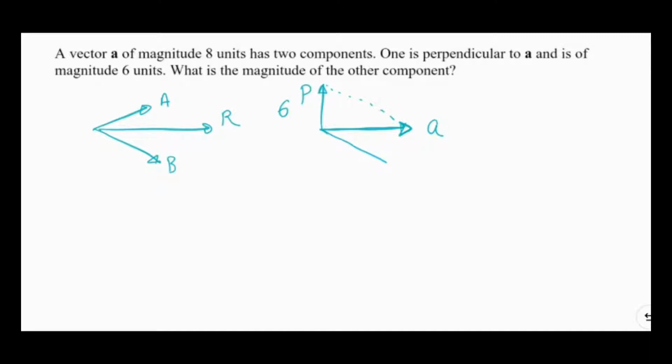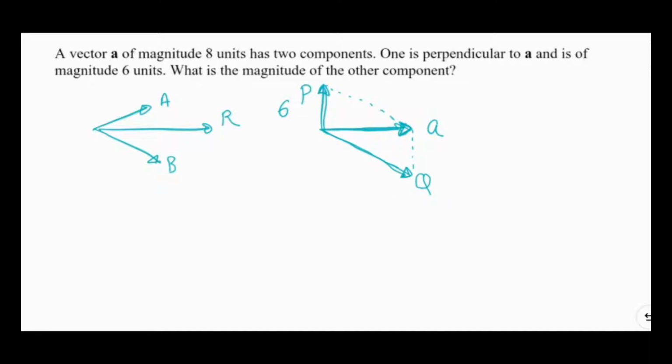Then the other vector should be like this. This should be the parallelogram, and the resultant is A of this vector P and the vector, let us assume this is Q. We need to find this vector Q, which when added to P gives me vector A.